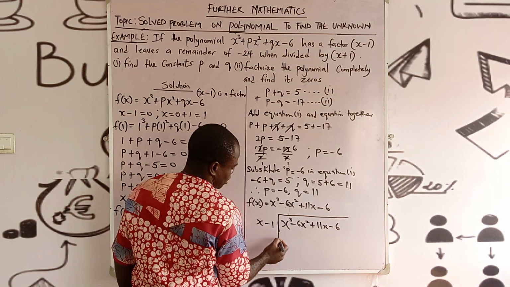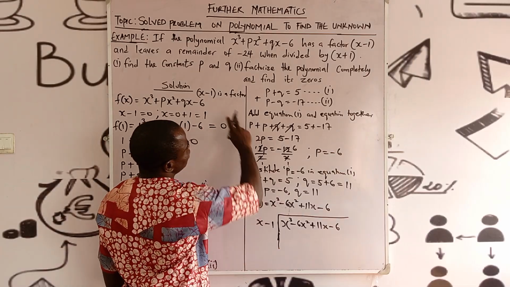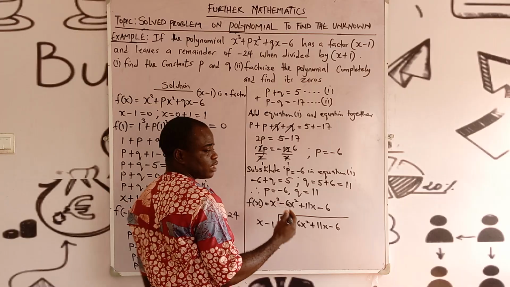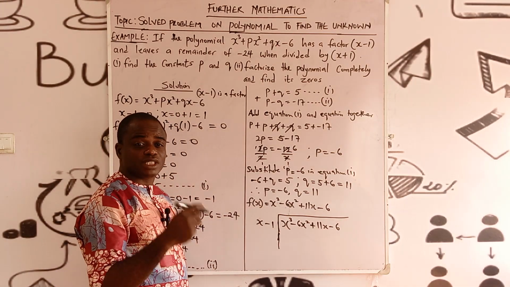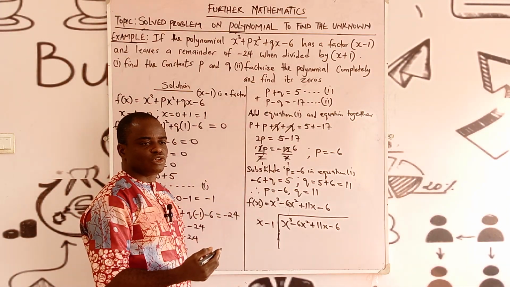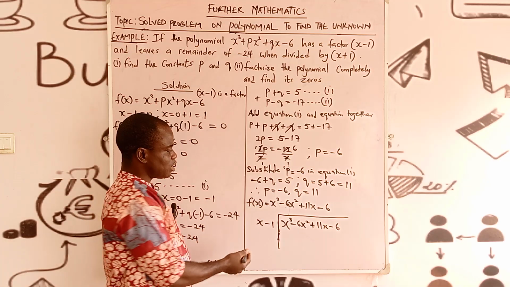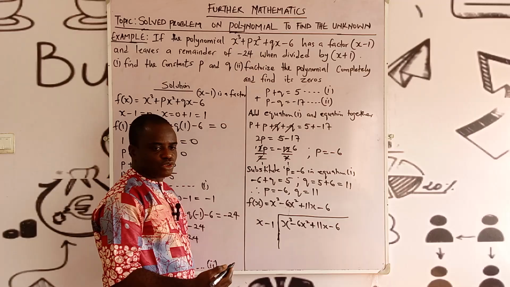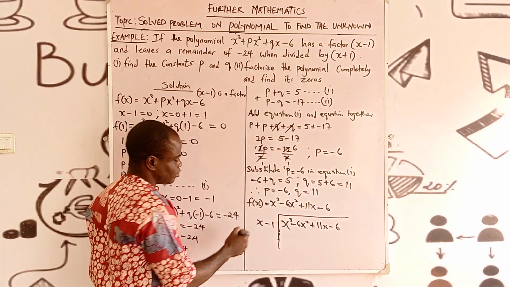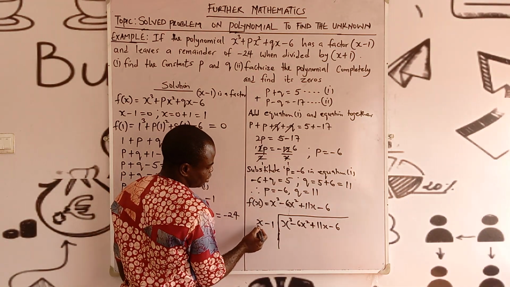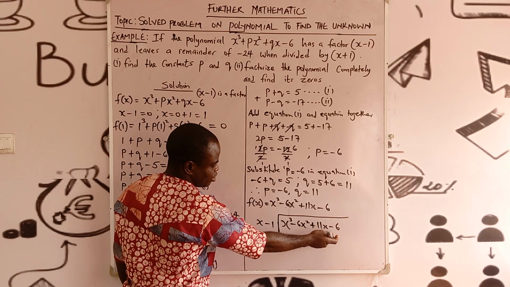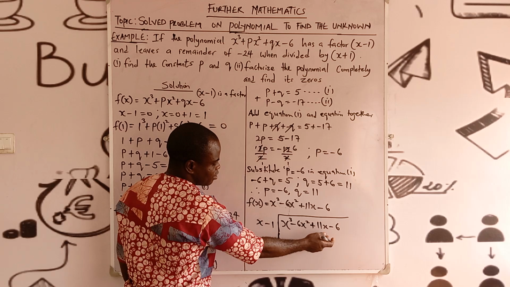That's where we get our zeros that we are looking for. When you input those numbers into the polynomial, this polynomial must give us 0. Now x minus 1 goes into x cubed minus 6x squared plus 11x minus 6.